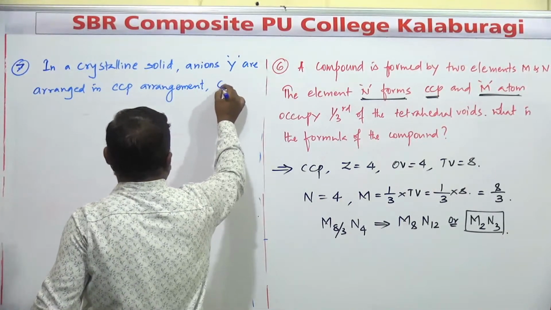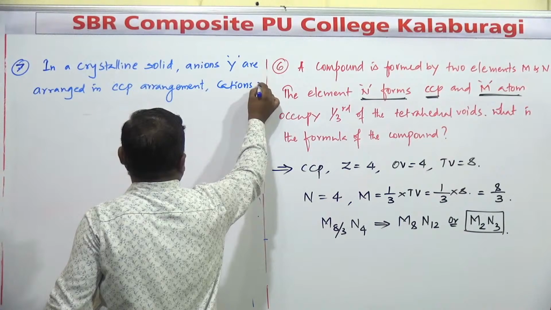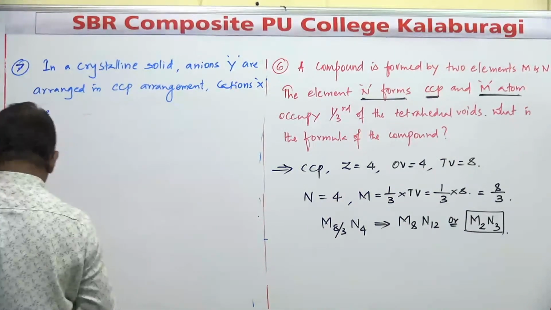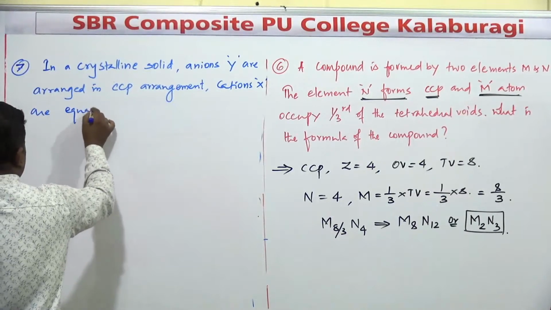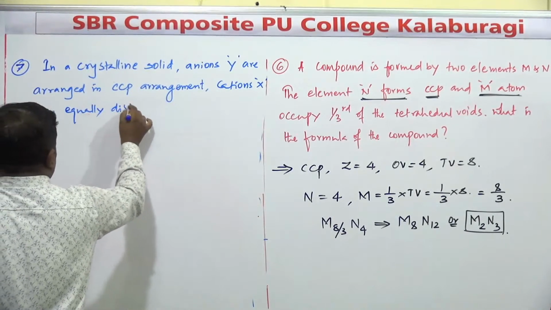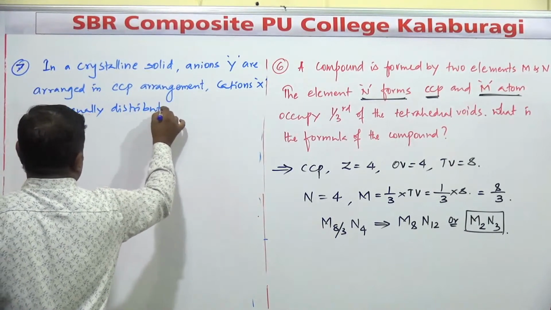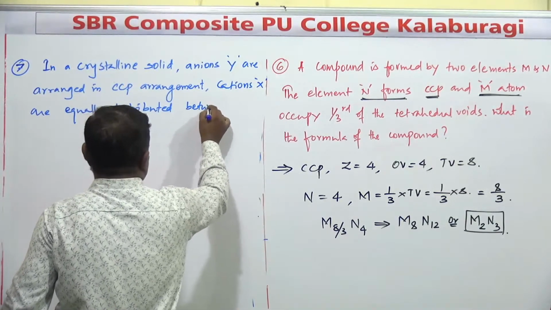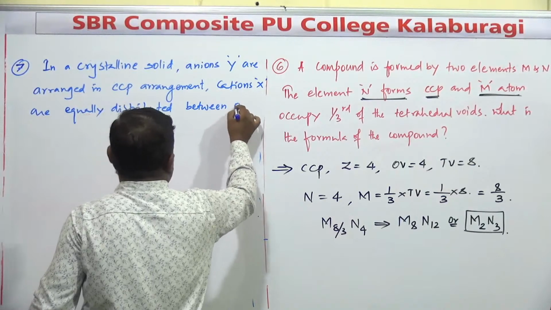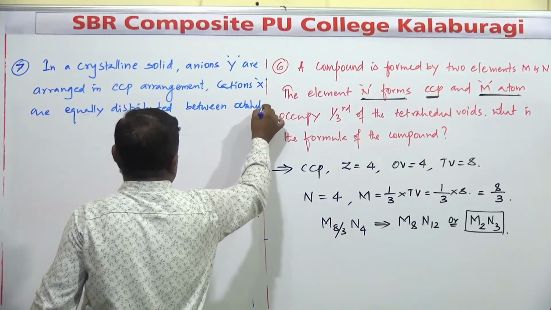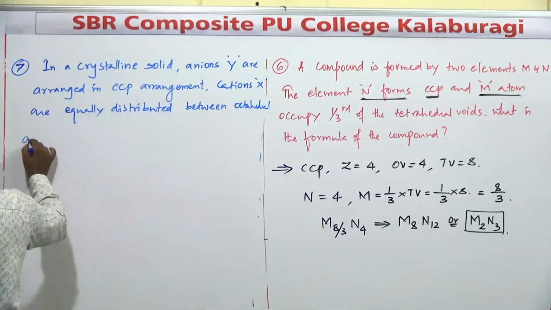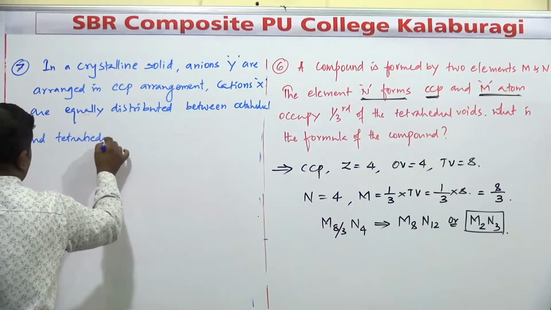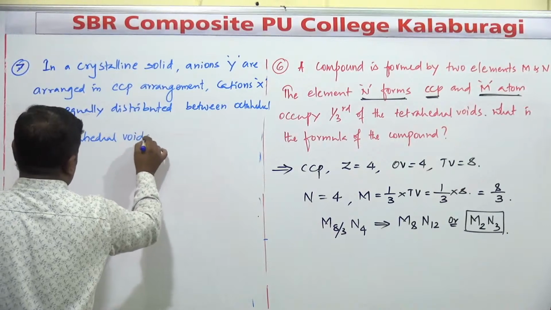Cations X are equally distributed between octahedral and tetrahedral voids.